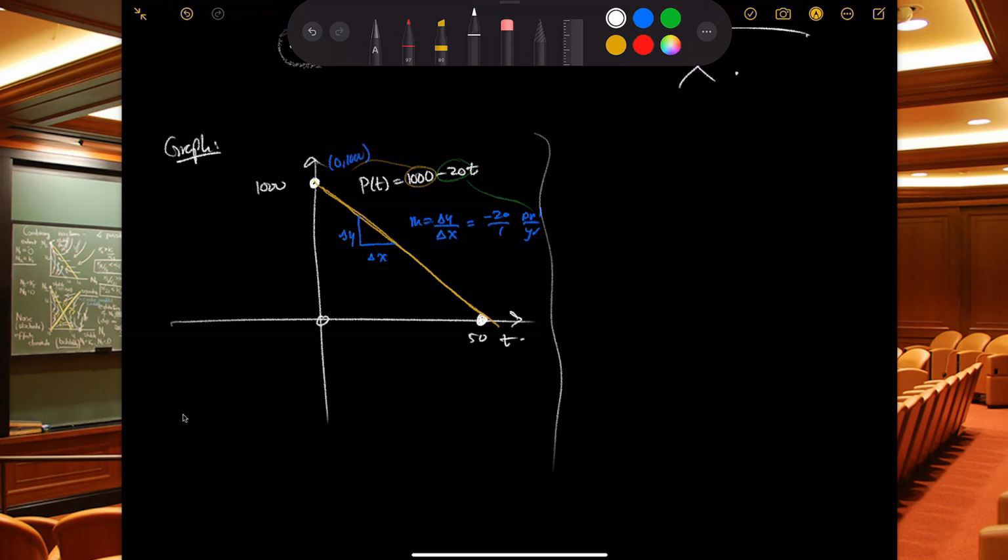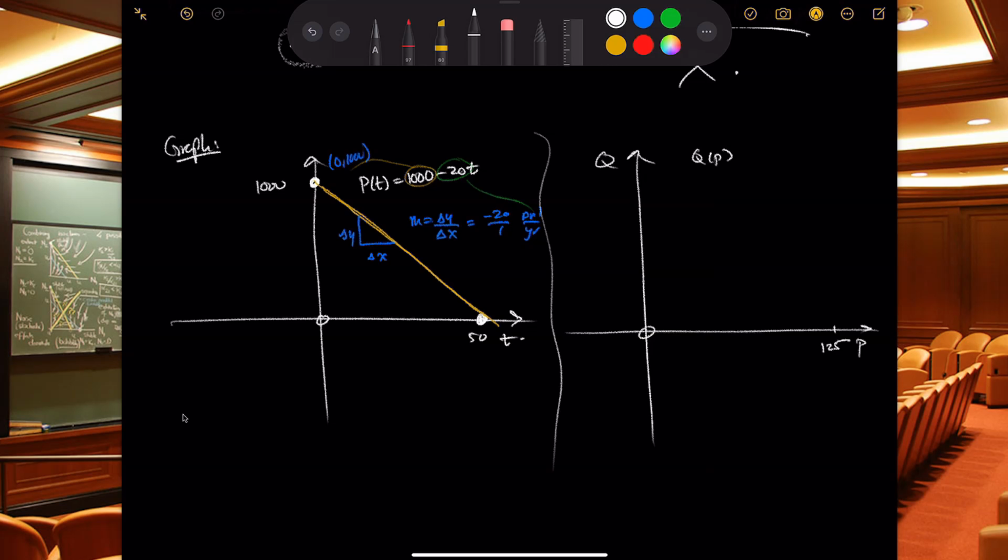And for the project one, Q and P, the number of people working on it, from 0 to 125 people. We said the vertical intercept was 500, the number of hours. Here, this is the number of people.